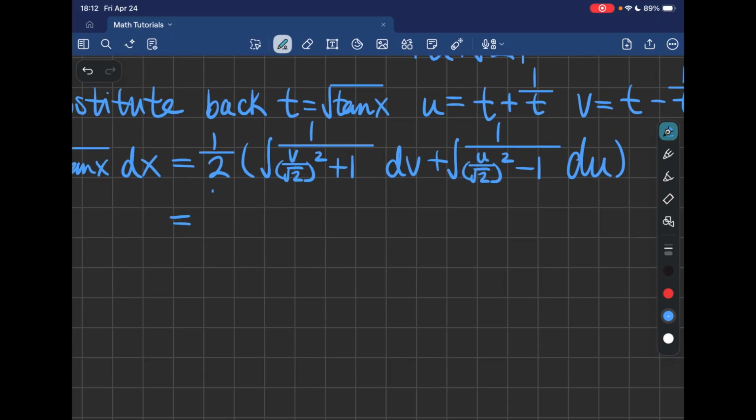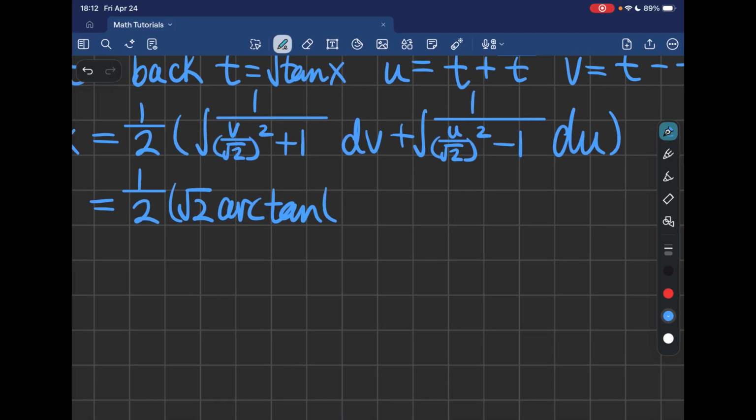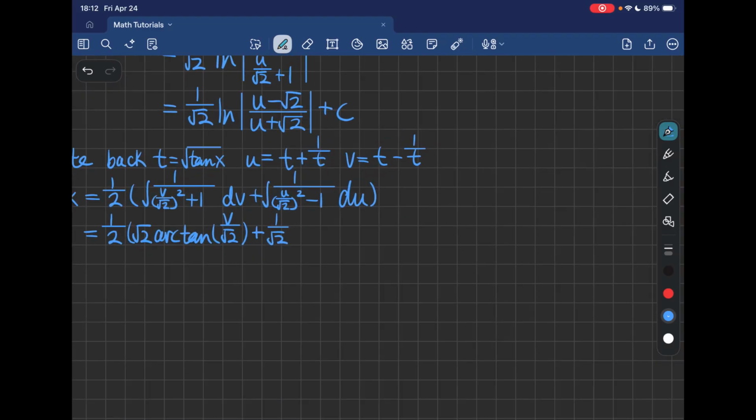So that's just 1 over 2 times the substitutions. That should be square root of 2 arctan of v over square root of 2 plus 1 over square root of 2 of ln absolute value of this part.